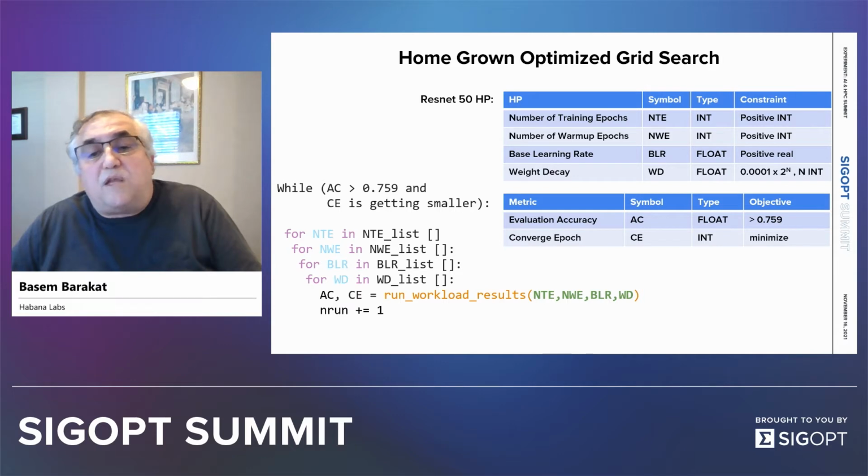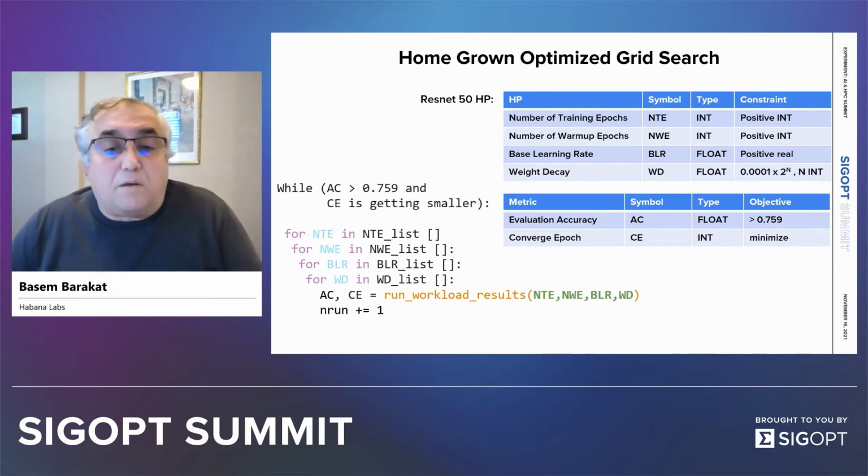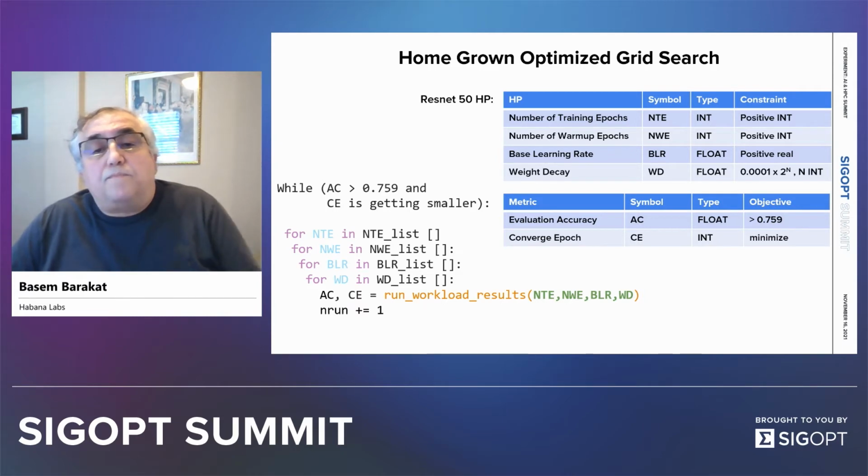Both the training epochs and the warm-up epochs are integers. Now, we have 2 other hyperparameters, the base learning rate and the weight decay. The base learning rate and the weight decay are both floats, and they're basically any real numbers.